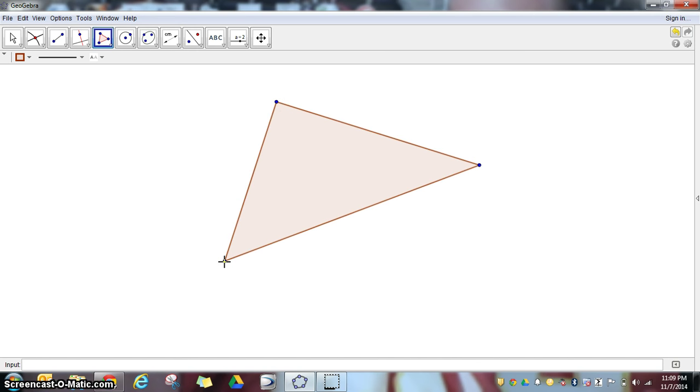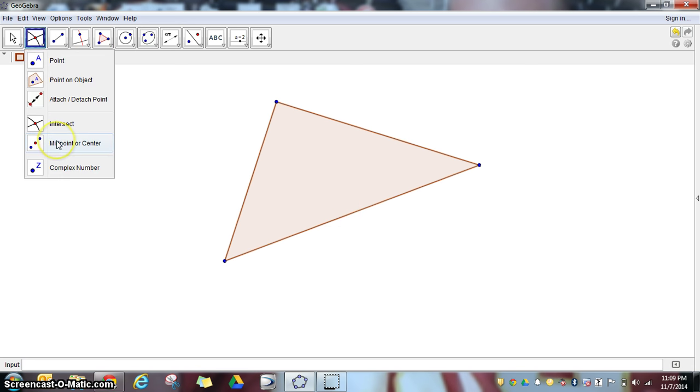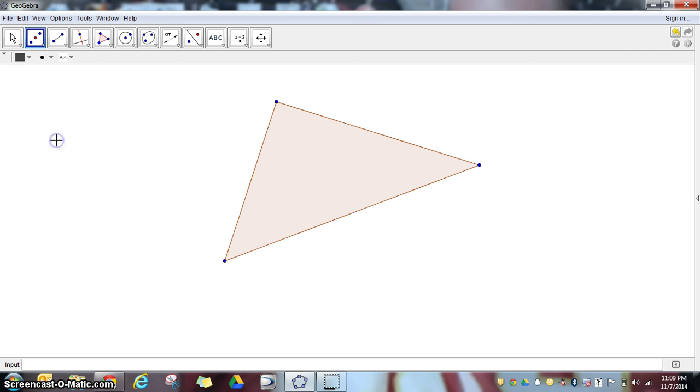Alright, that's similar to the way we've done it before. The median of a triangle is a line segment that goes from a vertex to the midpoint of the opposite side. So let's go over here and find our midpoint tool. And I just want you to click on those line segments and have the computer locate that midpoint for you.